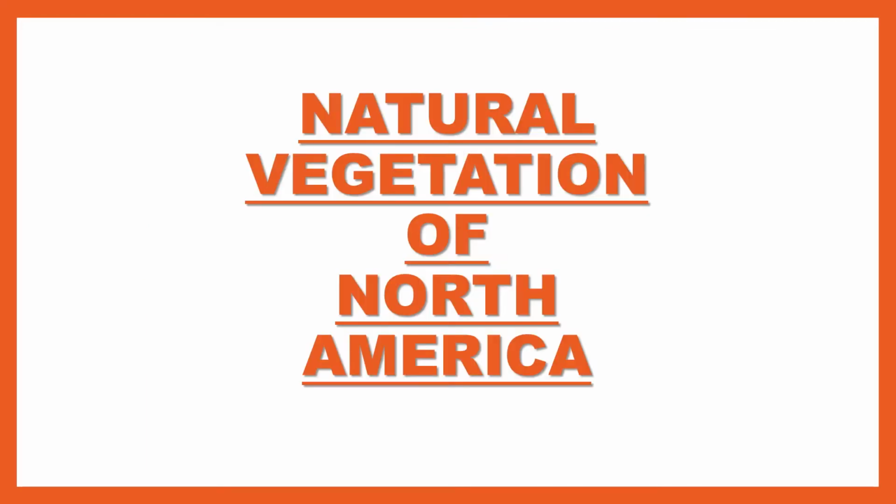Children, growth of natural vegetation totally depends upon the climate conditions existing in the place. For example, evergreen forest grows in places which experience heavy rainfall, and thorny bushes and scrubs are found in areas of scanty rainfall. Likewise, natural vegetation and animal life largely depend on climate, soil, and relief features.